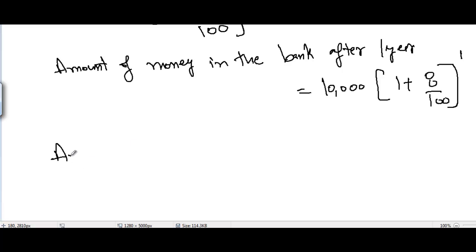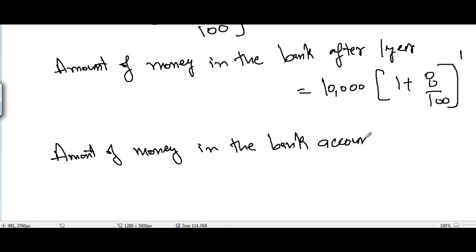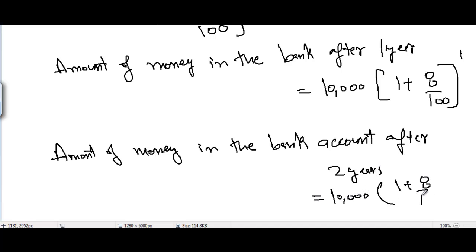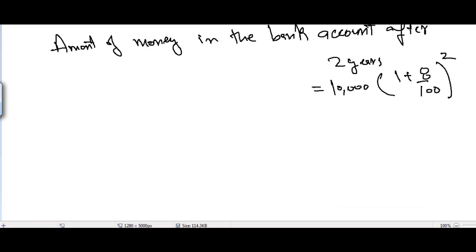And the amount of money in the bank account after 2 years would be 10,000 times 1 plus 8 divided by 100, power 2 here, because the time is 2 years, so that's why it's 2 here.